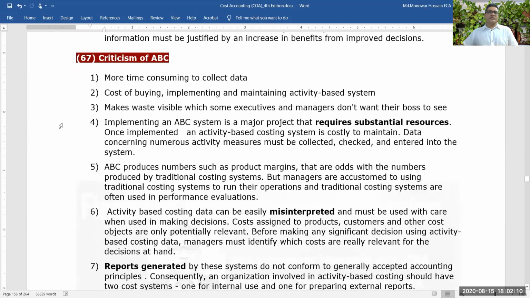Criticism of activity-based costing is that it is more time consuming to collect data. The cost of implementing or maintaining activity-based costing requires substantial resources for calculation.